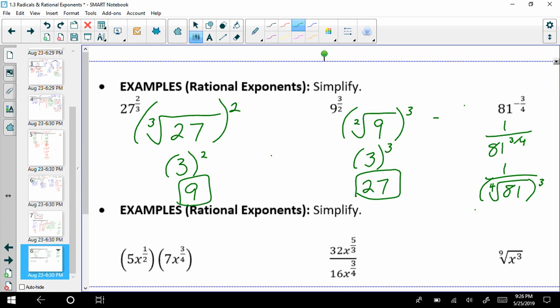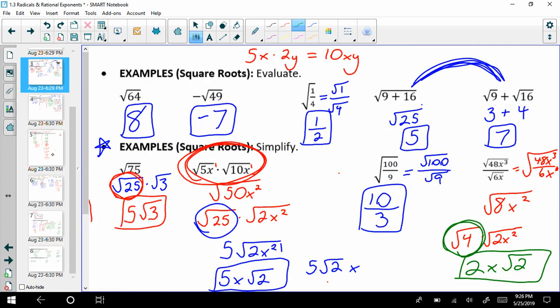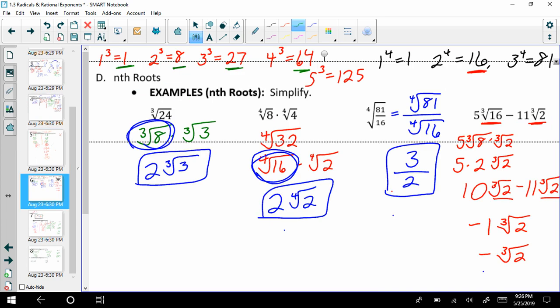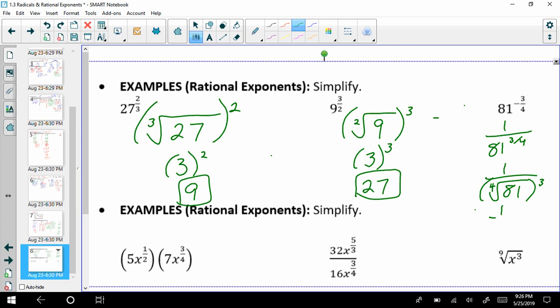The 4th root of 81, is 81 a perfect 4th? Where did I put that list? It is. See our list? 81 is a perfect 4th, so it's 3. But then it still has to be cubed. 3 cubed is 27. So the answer is 1/27.